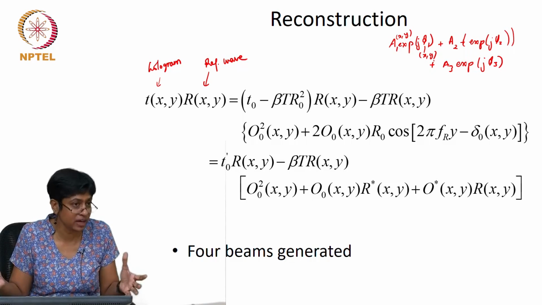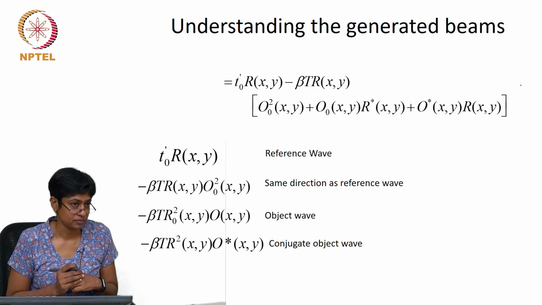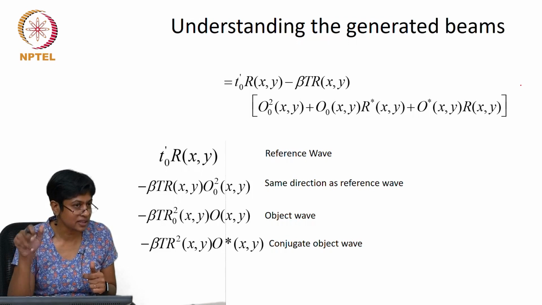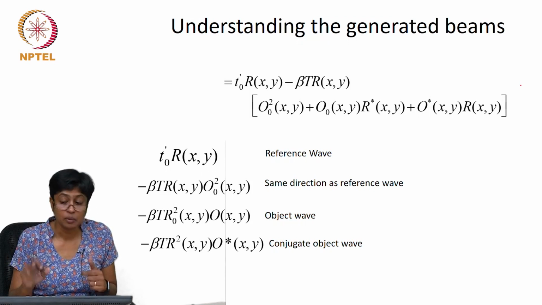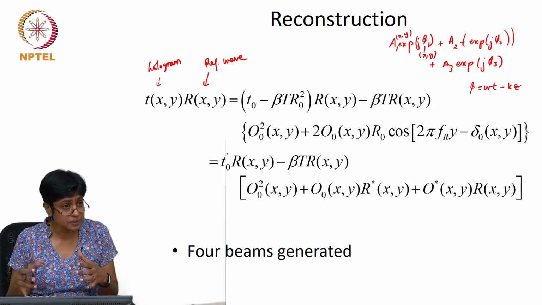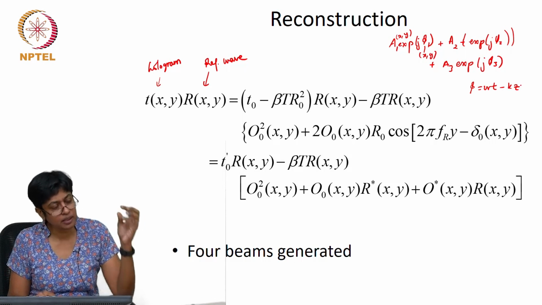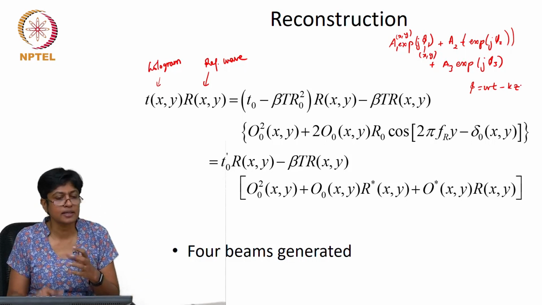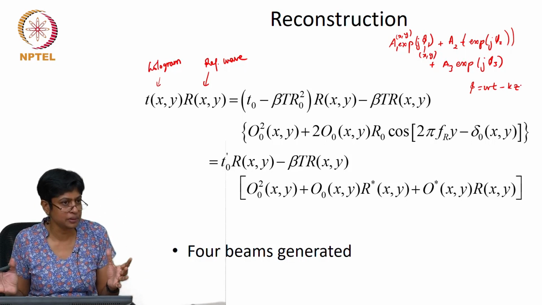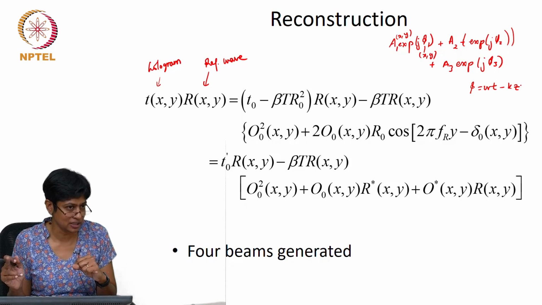I have just put it as phi, but phi, remember, is omega t minus kz. It tells me the direction of travel, right. We might assume that these beams all have the same wavelength. Let us say I make no changes in wavelength. So, these beams are incident on something, they are reflected, and now I am looking at these different beams, and let us say the wavelength does not change, but the direction can change in each case.